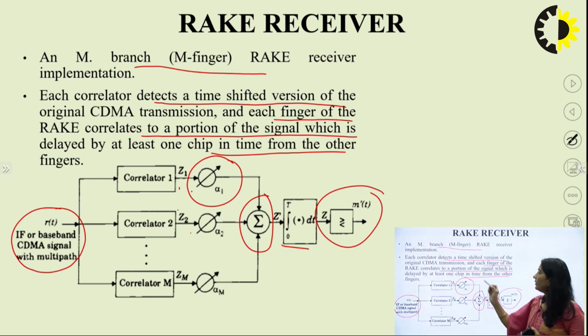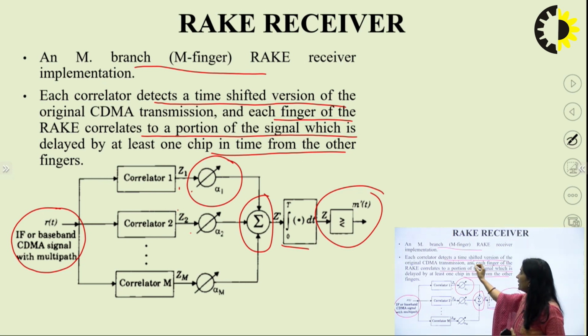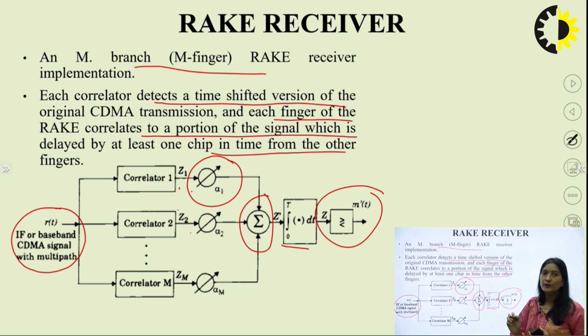Each correlator detects a time shifted version of the original signal transmission, so it extracts each and every bit of the original signal.